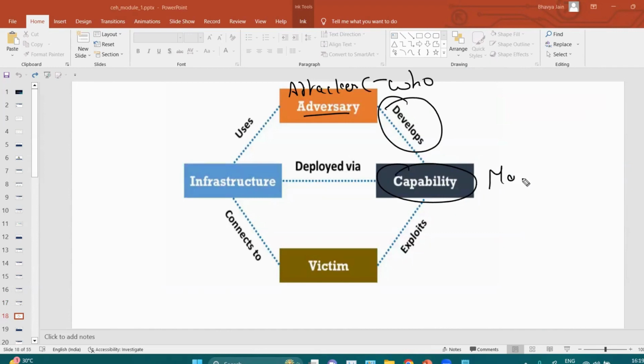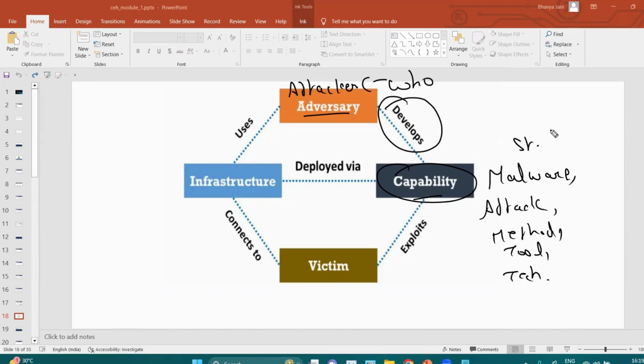It can be any malware, any attack, any method, any tool, any technique, whatever it is. Who develops a capability? A capability can be any strategy. The attacker develops a strategy to exploit, which means to hack the victim device.